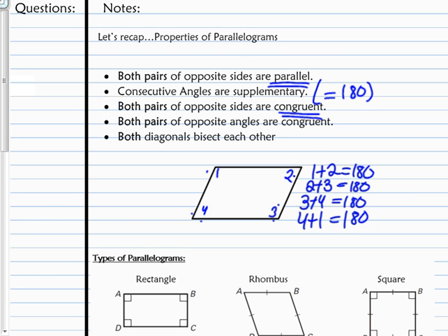So if they're supplementary, they add up to 180. If it's a parallelogram, both pairs of opposite sides are congruent. Top and bottom are congruent, left and right are congruent.